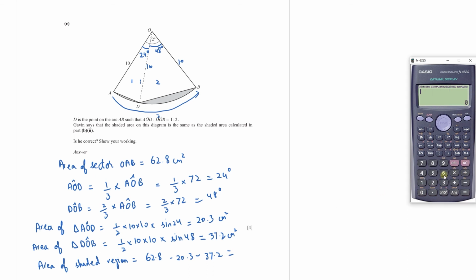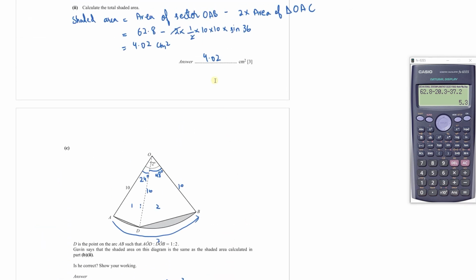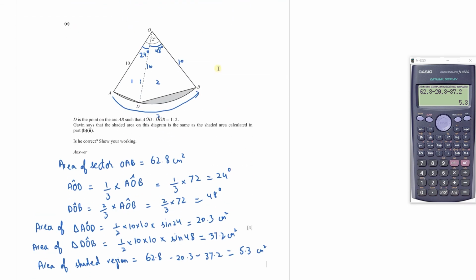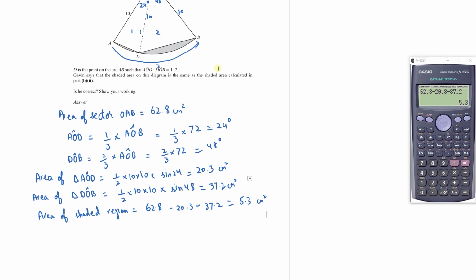So let's calculate this. 62.8 minus 20.3 minus 37.2. So this is 5.3 centimeter square. So this is not the same as this area in the previous part. So Gavin is wrong.